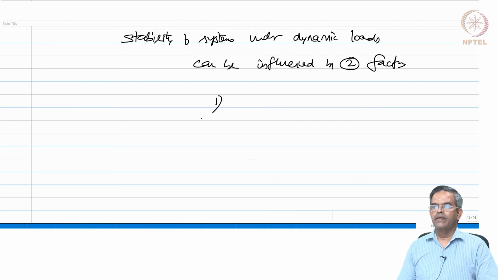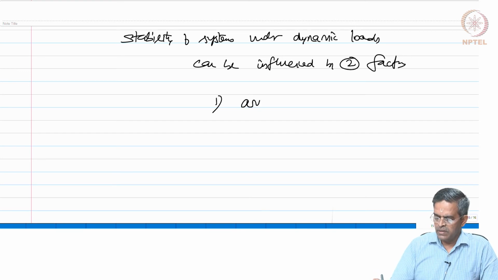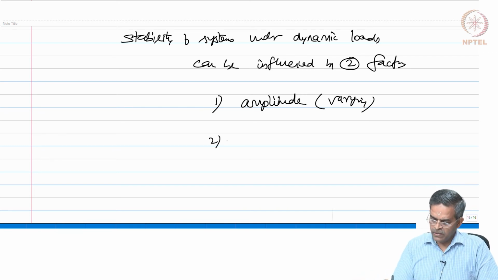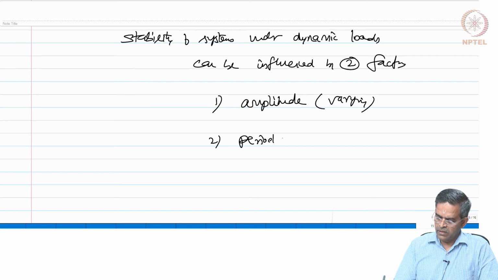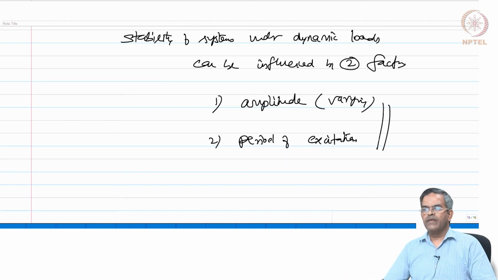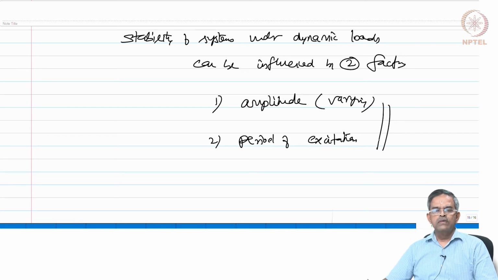One is the amplitude, I should say varying amplitude. Second is the period of excitation. These two criteria can influence the stability assessment of a structural system under dynamic conditions.